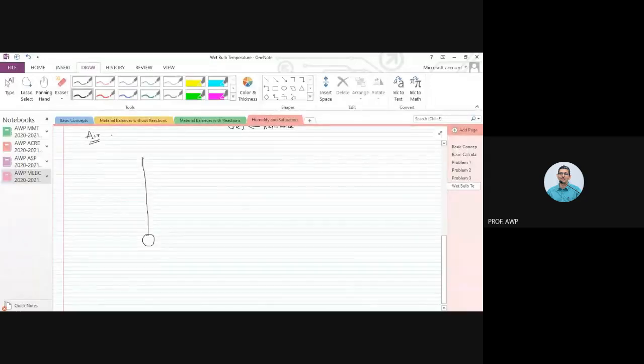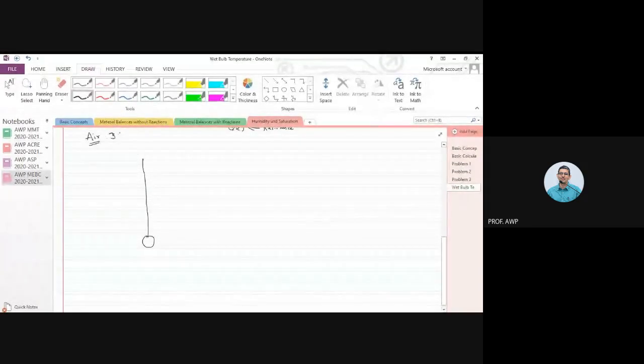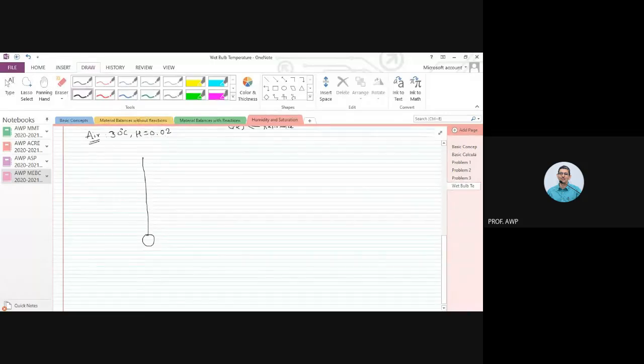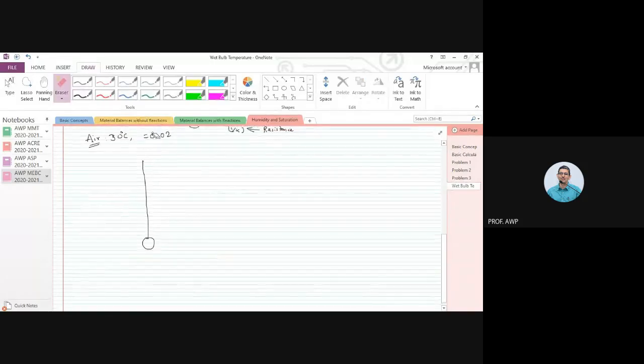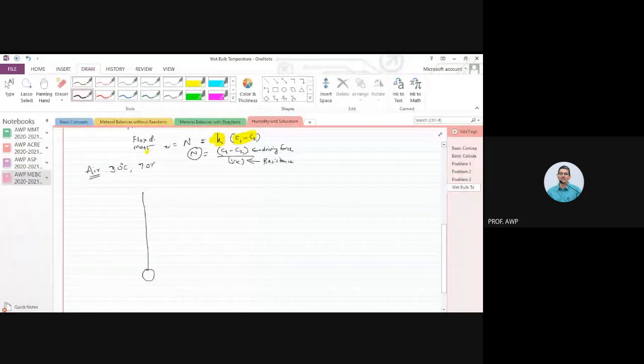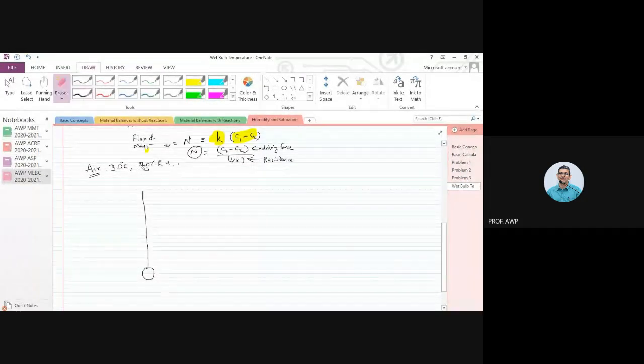Let's say this ambient air is at a temperature of 30 degrees centigrade and it has a humidity of 0.02 kg of water vapor per kg of dry air, or some kind of percent RH, maybe 70% RH, 60% RH, 50% RH, some value.